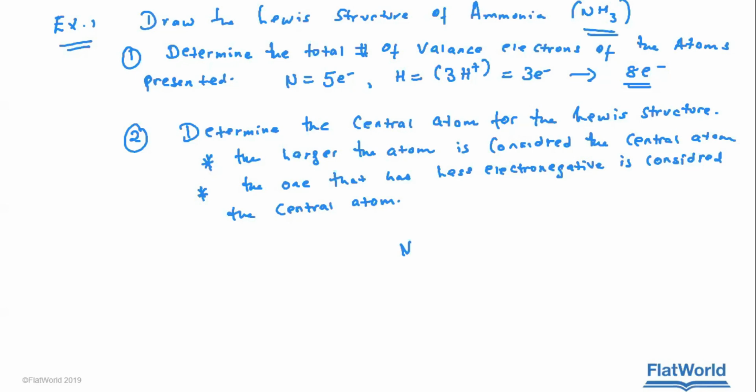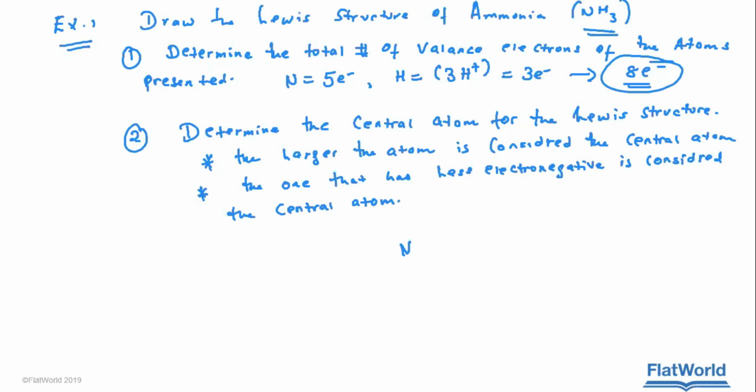If you want to put hydrogen in the center and nitrogen on the side, hydrogen doesn't have enough room to accommodate the number of electrons, because remember, we have 8 valence electrons, and the Lewis structure is how we distribute the 8 electrons around the nitrogen and hydrogen in a proper way to determine the geometry of ammonia.